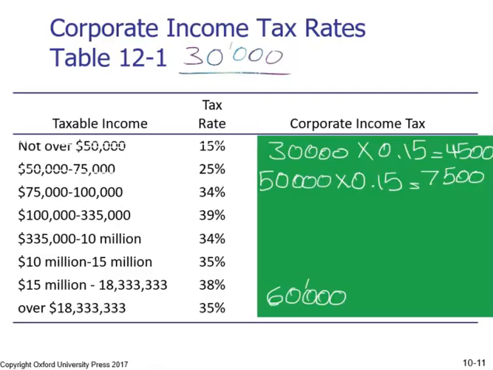So you are going to do it in this way. The $50,000 still being taxed according to 15%. And the remaining $10,000 would be at the rate of 25%. Now, with all these hints, please stop the video and do the math.